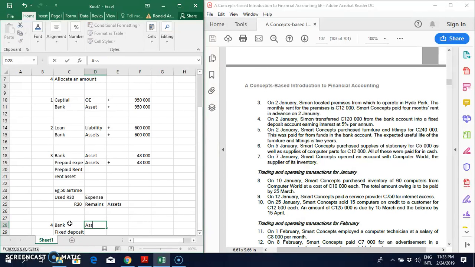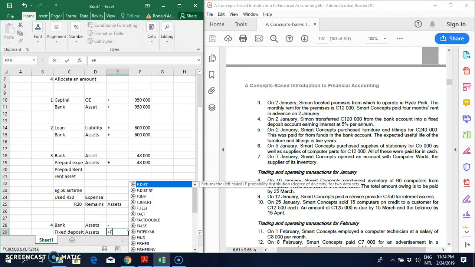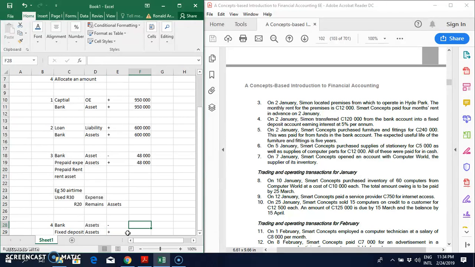The bank account being an asset, fixed deposit also being an asset, and we know that fixed deposit is a financial asset. We took money out of the bank account, so what's happening to the bank account? It's decreasing. We put that money into the fixed deposit account, so the fixed deposit account is increasing. Amount 120,000.